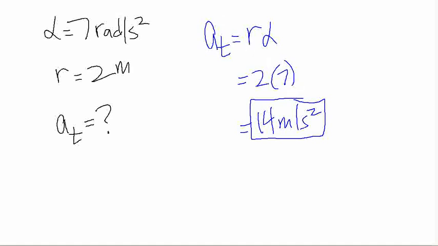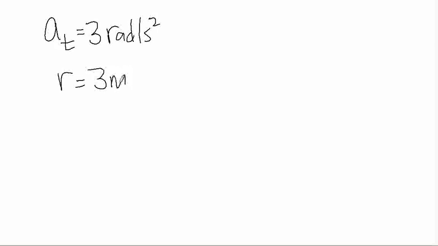And now let me have you do an example. And actually, after you do an example, I want to do one more calculation. So would you please tell me the angular acceleration if a sub t was 3 meters per second squared for an object moving along a circle with a radius of 3 meters?